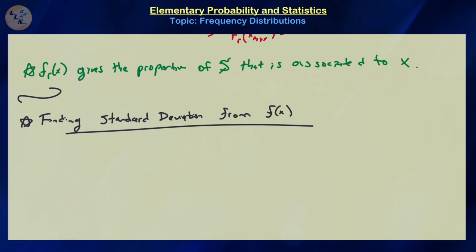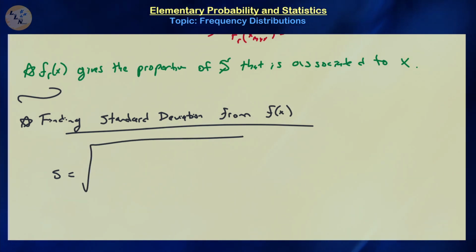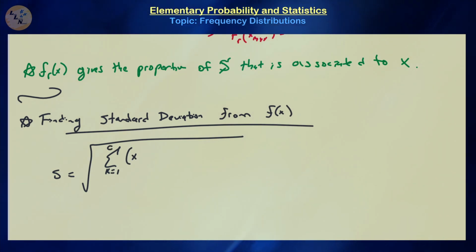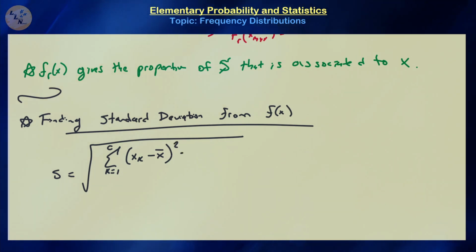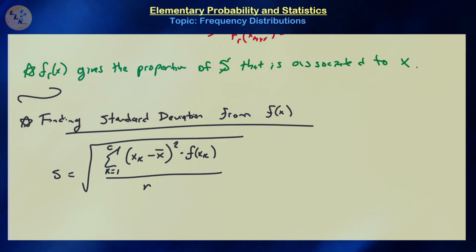Okay, so you should be able to verify that the standard deviation formula can be rewritten in terms of frequency distributions as the sum from k equals 1 to the number of unique classes in the data set of (xk minus the sample mean) squared times the corresponding frequency of that unique value, all divided by the sample size n minus 1. And let's assume this is for a sample, right? So not a population. So it'd be the sample standard deviation.